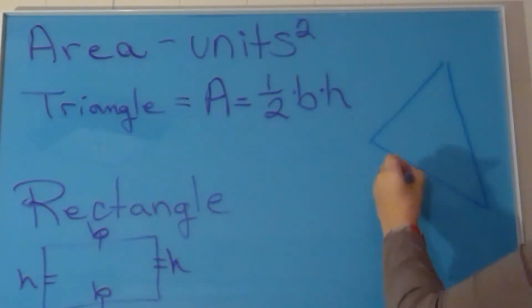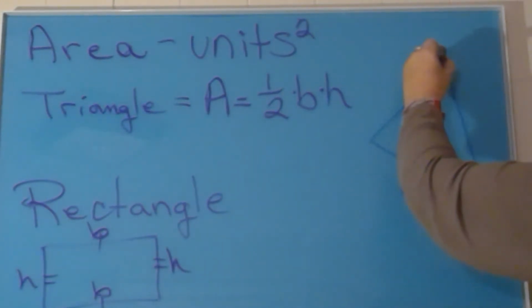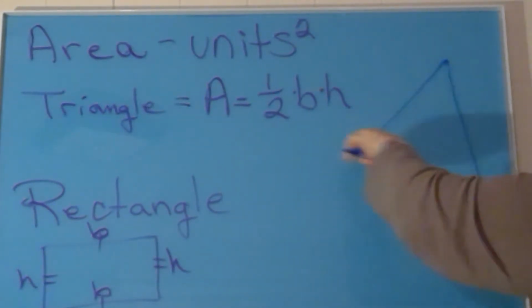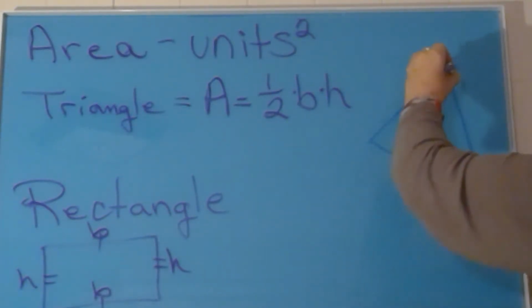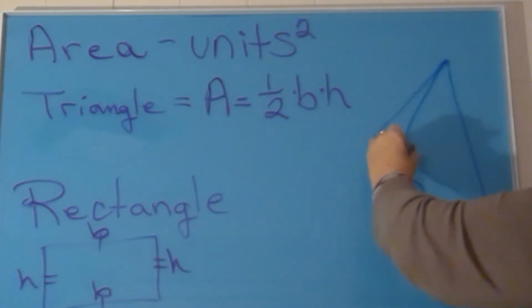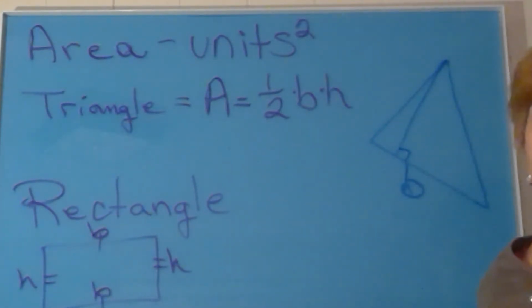If this is the base of my triangle, the height is drawn from the opposite vertex. Okay, this is opposite, it's not part of that side. And it is a segment that is drawn so that it is perpendicular or forms a 90-degree angle with the base.